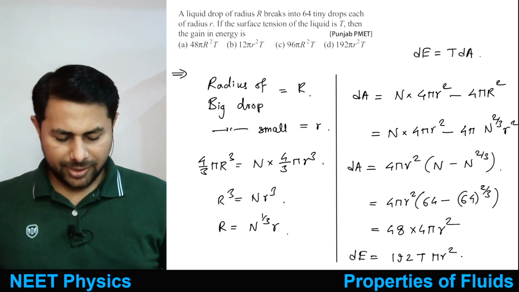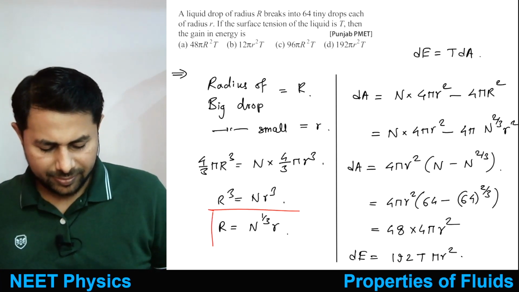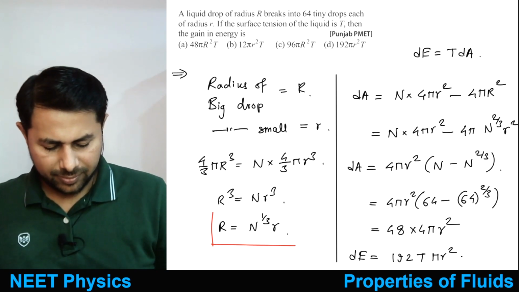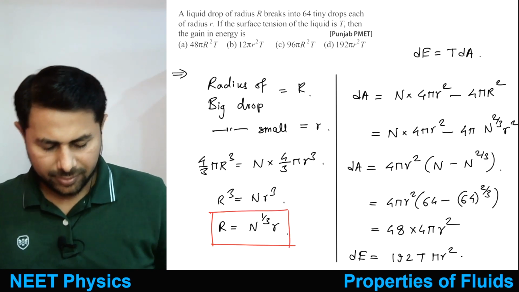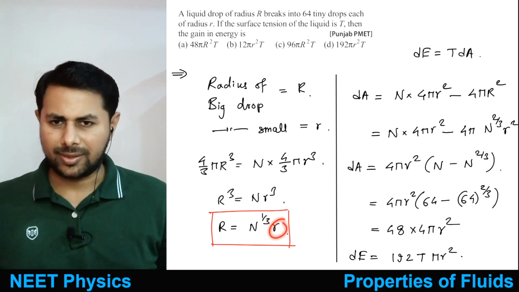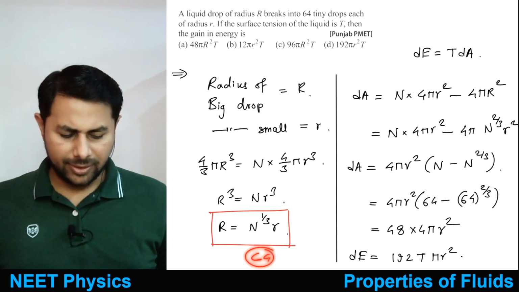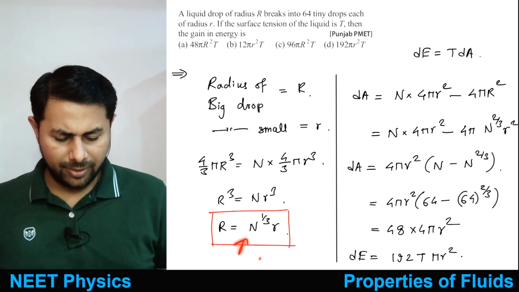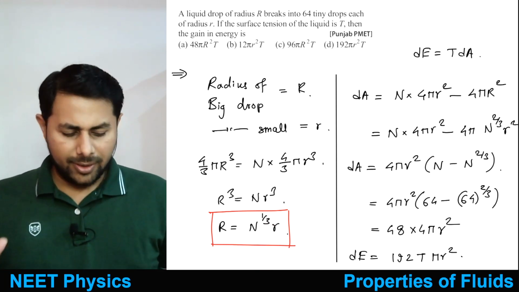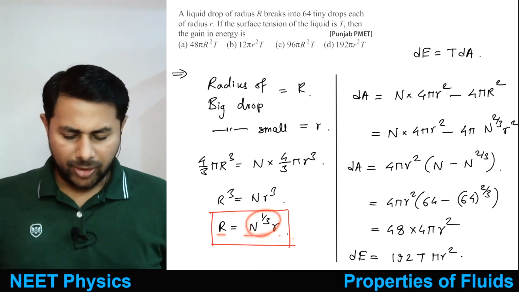So the thing to be remembered here is that capital R is n raised to 1 by 3 times small r. Whatever is n, n here is 64. We could just substitute the value also here, right? But capital R is n raised to 1 by 3 times small r.